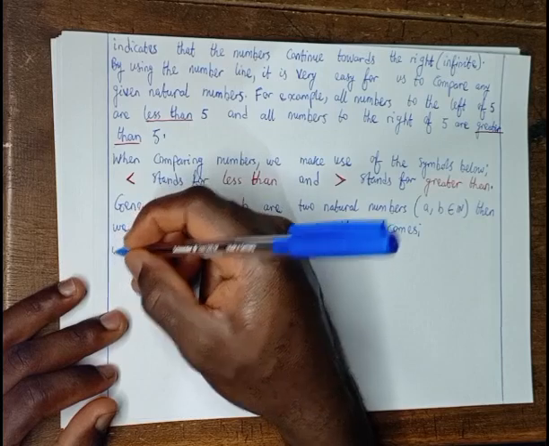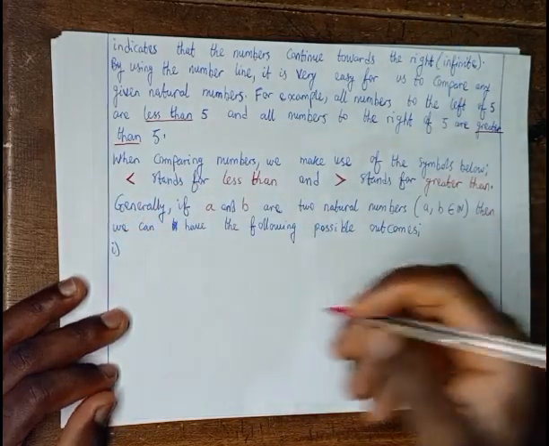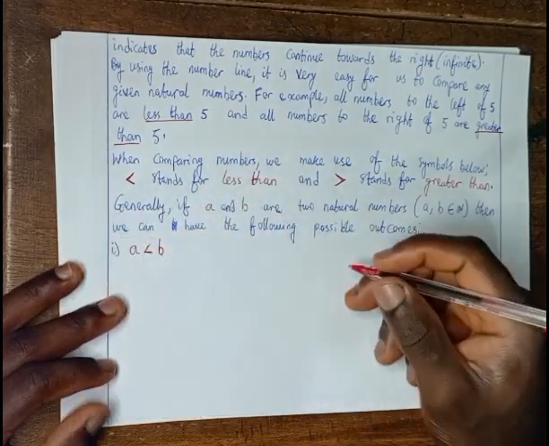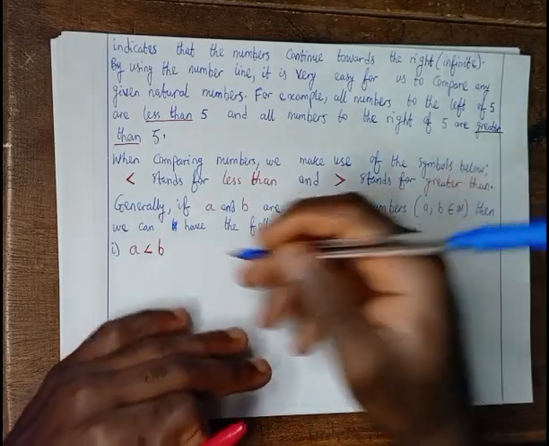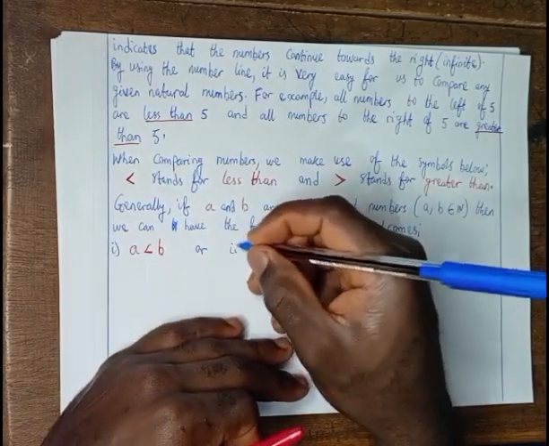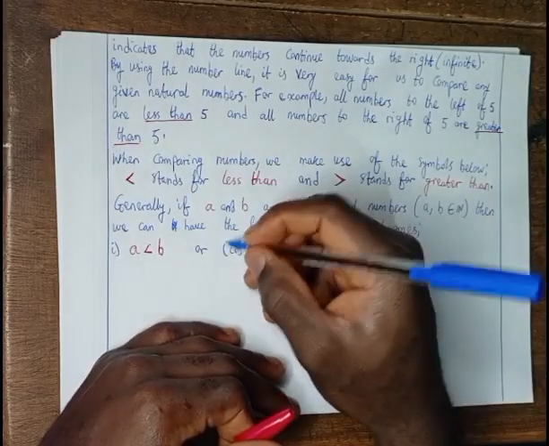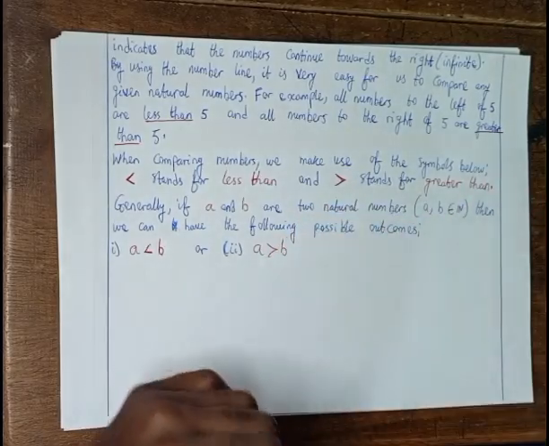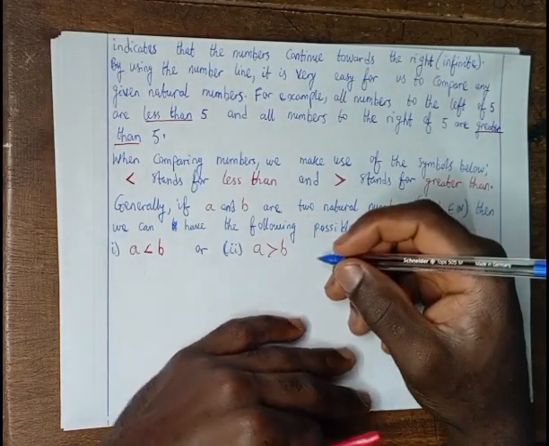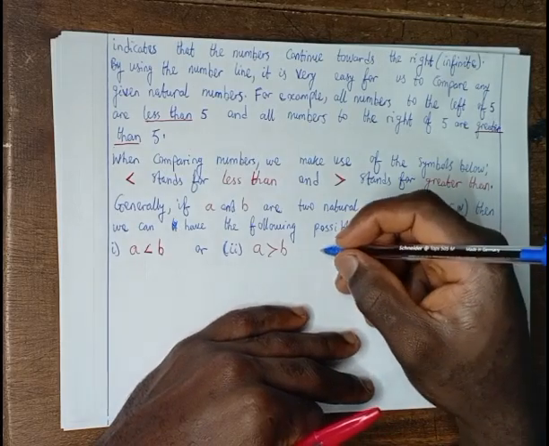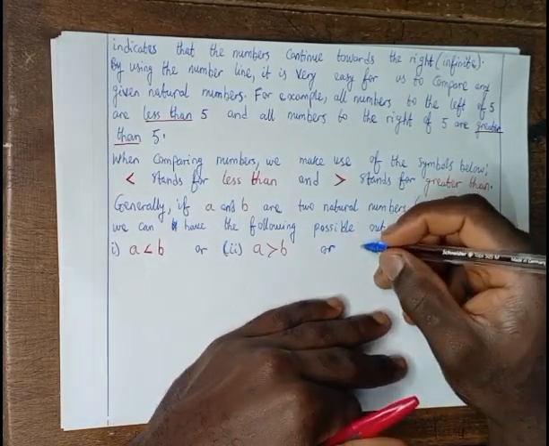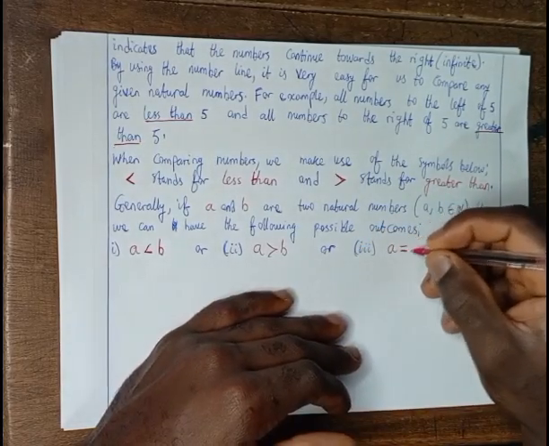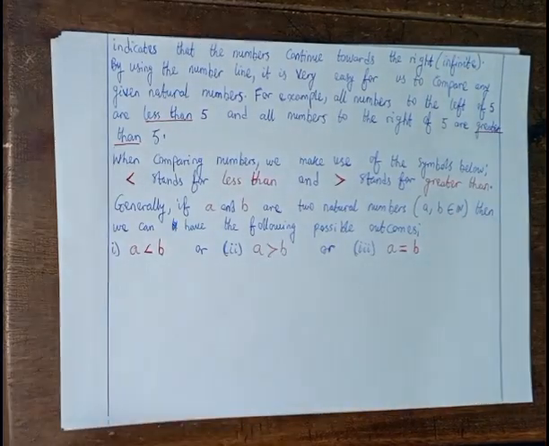The first one, we can have A is less than B. That means A is to the left hand side of B on the number line. Or the next possible outcome, A is greater than B. That means A is to the right hand side of B. Or the third possible outcome, A is equal to B. That means they are the same.